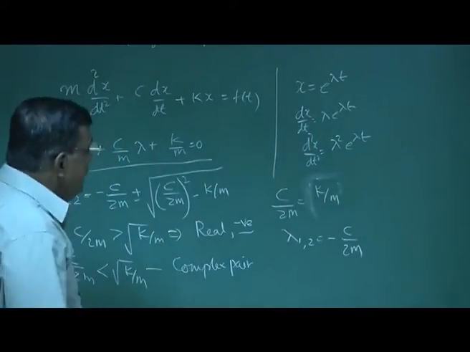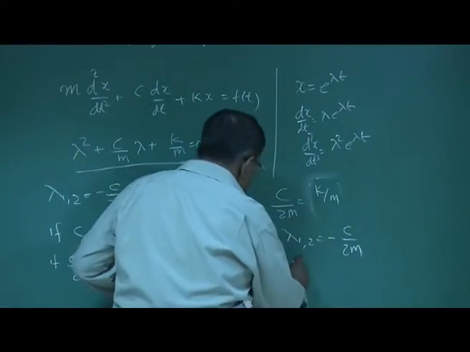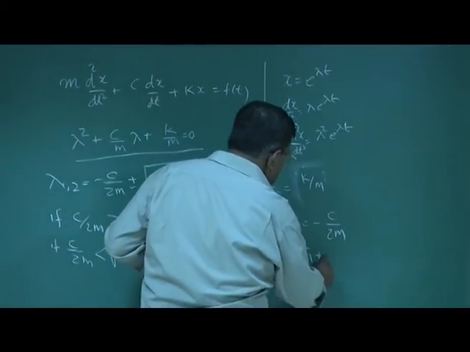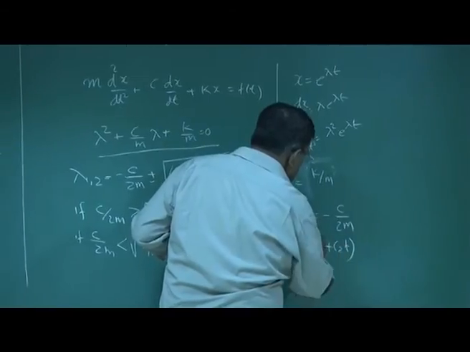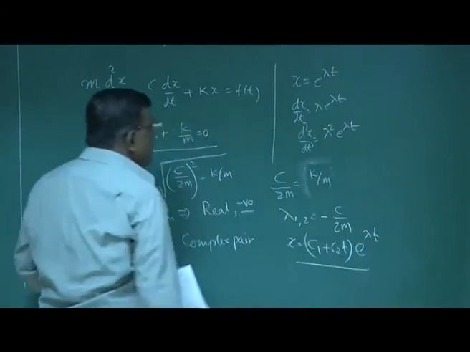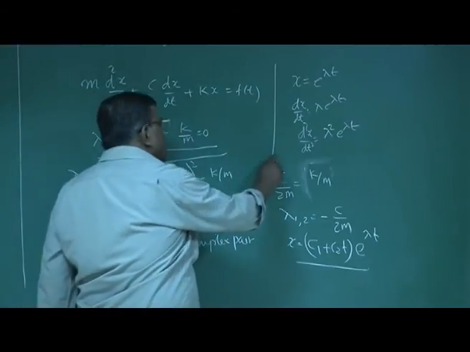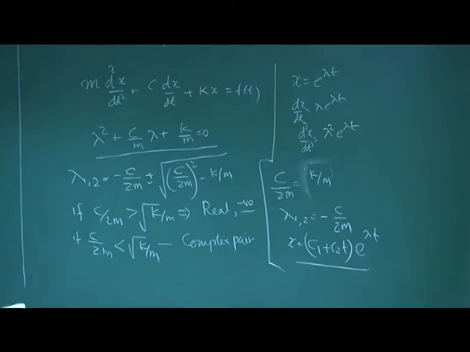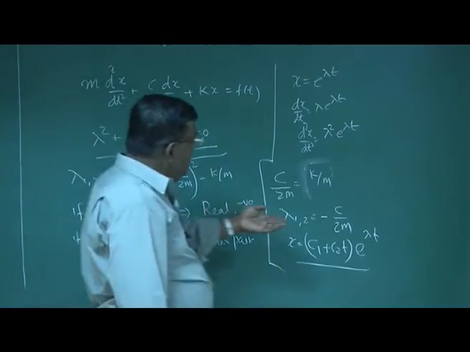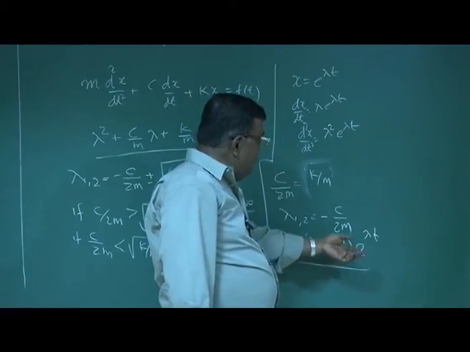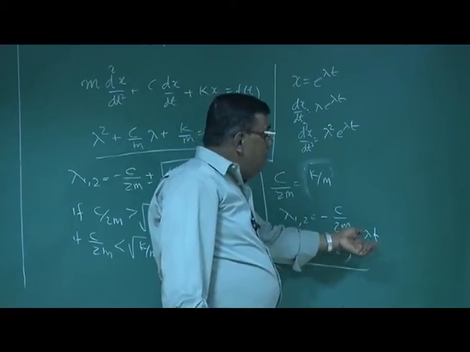The solution for this case will be x of t equal to c1 plus c2 t, into e to the power lambda t. I am focusing on this case when c by 2m equals under root k by m, and the roots are negative and repeated.